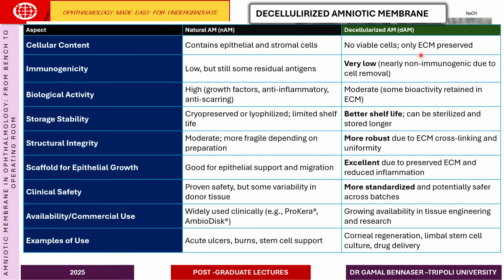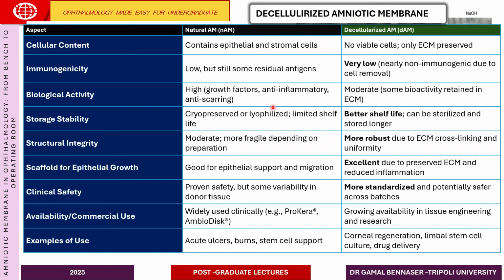Now, as far as the immunogenicity, the amniotic membrane, as we said before, has very low immunogenicity, but still some residual antigens are there. However, the decellularized one has very low immunogenicity. And as far as the biological activity, the maximum, of course, will be with the natural amniotic membrane.